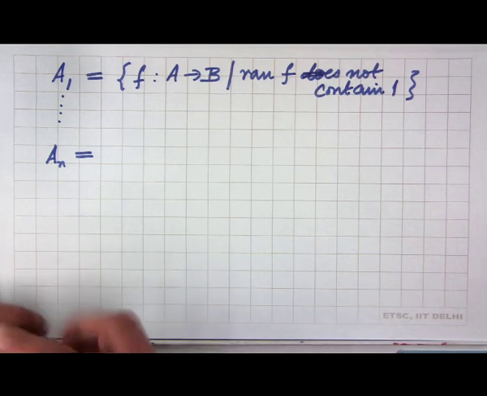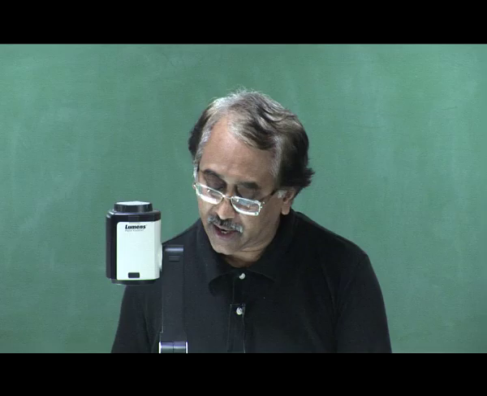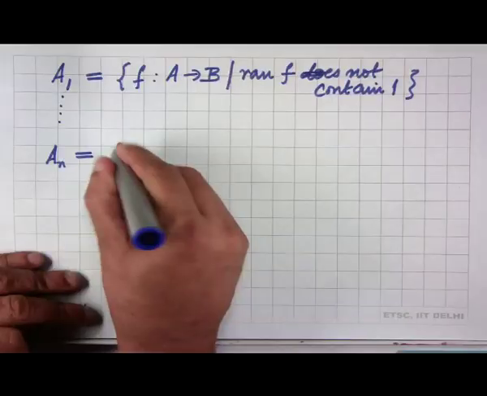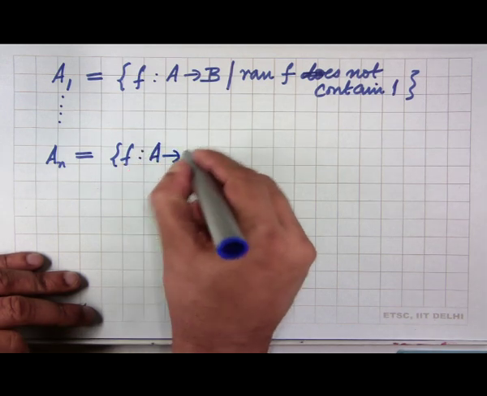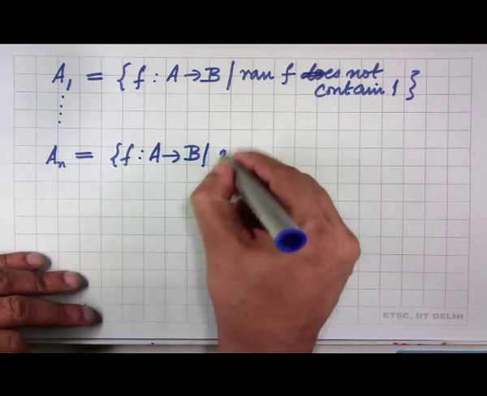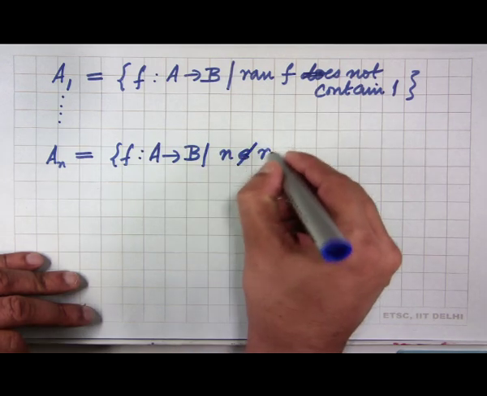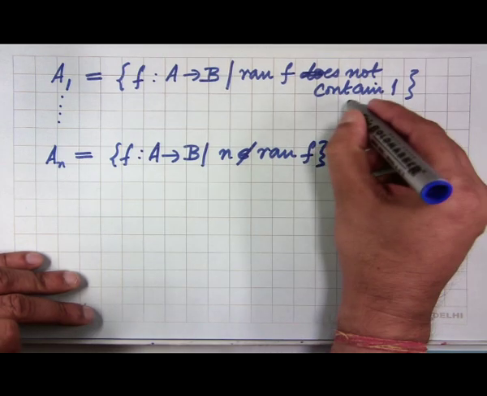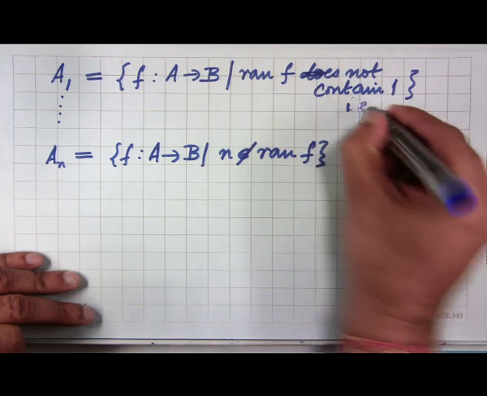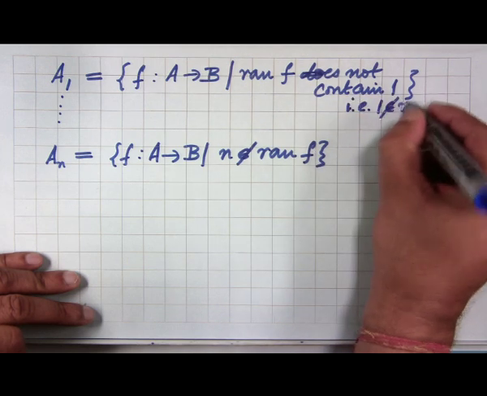Let's pause for a minute to figure out what this will eventually give us. Obviously, once I say that A1 is all those functions so that 1 doesn't belong to the range, I'm going to write at the end of it, for An, for instance, the last bit, all those functions so that n does not belong to the range of f. I could have written this a little more compactly as 1 does not belong to the range of f.